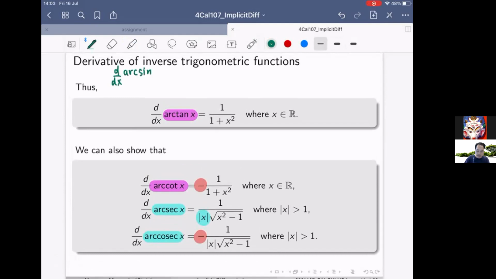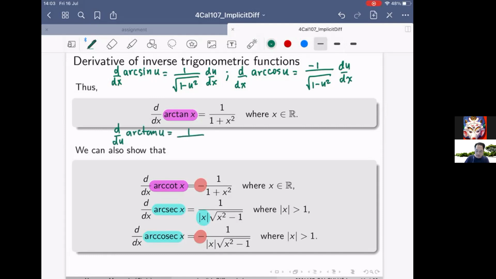For example, the derivative of the arcsine of u is 1 over the square root of 1 minus u squared, times du by dx. And if you want to find the derivative of the arccosine of u, it will be 1 over the square root of 1 minus u squared, times du by dx, with a negative, because it has a co. And this one as well, d by dx of arctangent of u is 1 over 1 plus u squared, times du by dx.